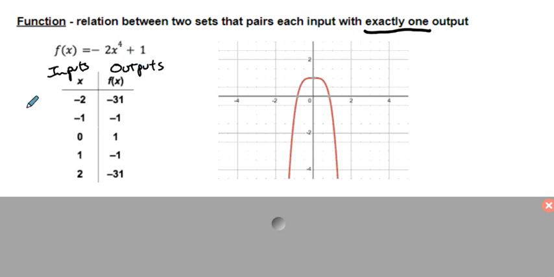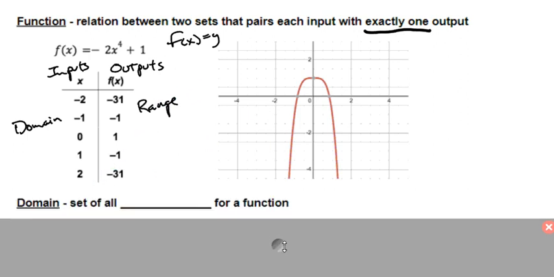We'll also refer to the inputs, the x values, as your domain, and then your y values, or your f of x. Remember, f of x is another way of saying y. Those outputs are always your range. Your y values are your range, and we will be talking quite a bit about that.